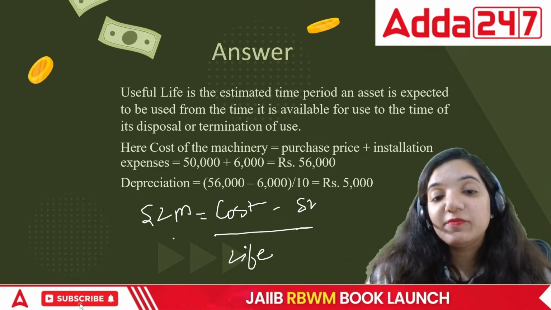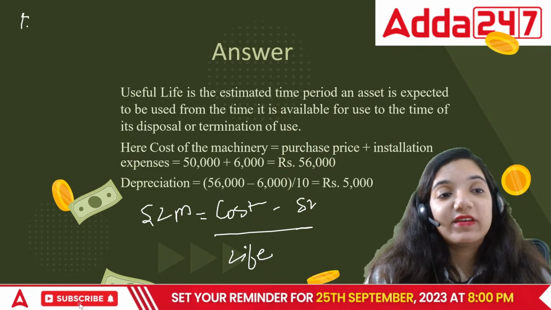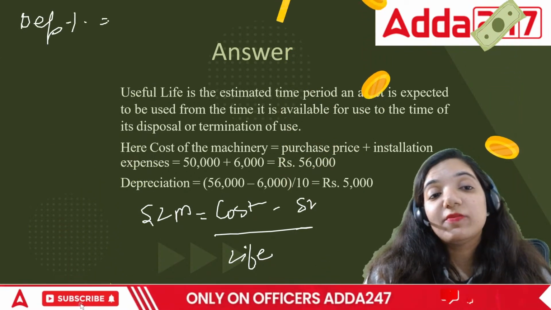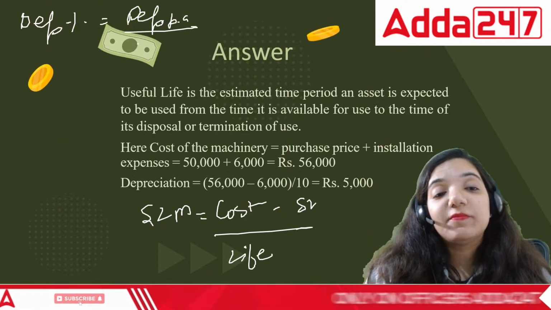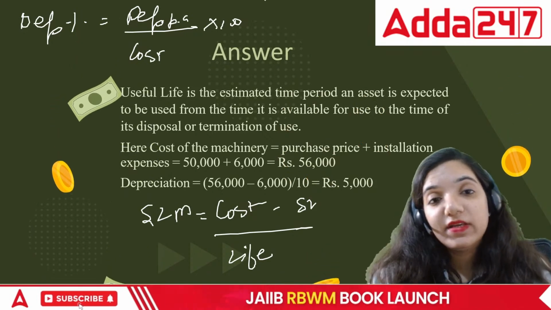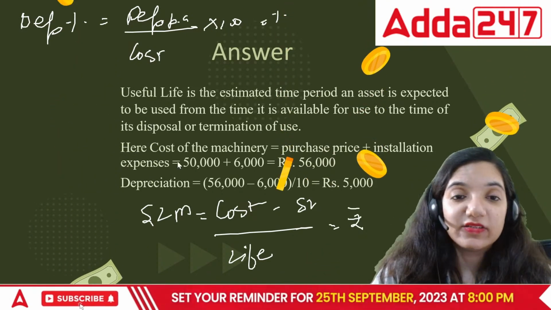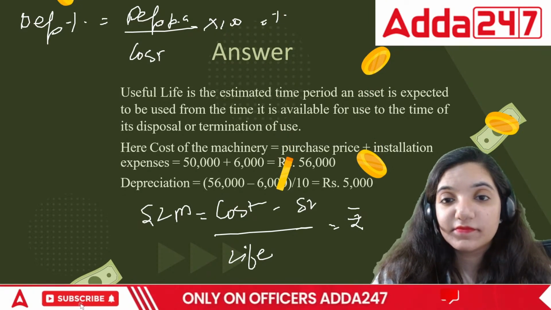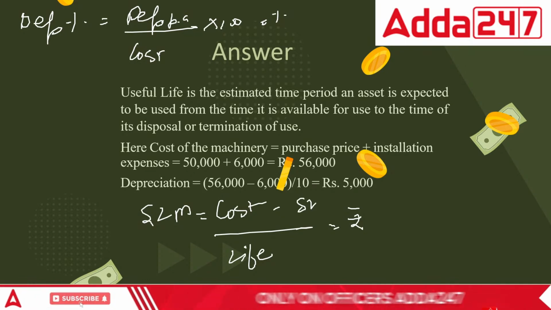And when you have to find the depreciation percentage, how do we find it? It's depreciation per annum divided by our cost, multiplied by 100. This will be in percentage and the other will be in rupees. Visible now, everyone?